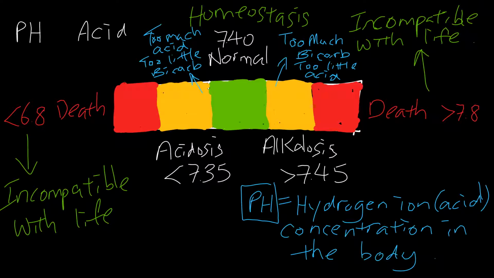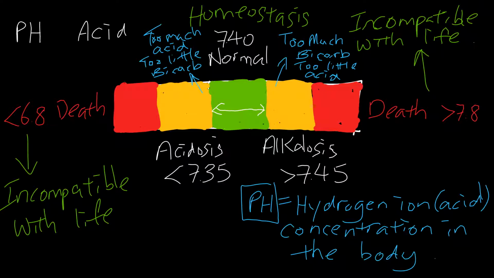So let's talk about pH. What is pH? Basically, pH is a measurement or an indication of how much hydrogen ion or acid concentration there is in the body. In a normal human body, the normal pH should be around 7.40. So it should be somewhere around here.